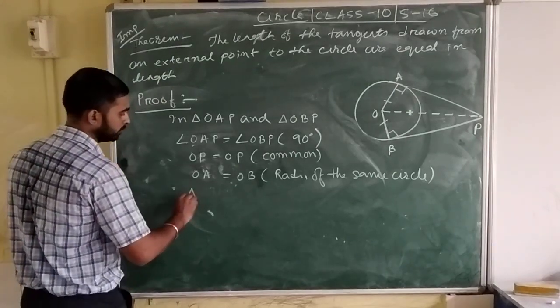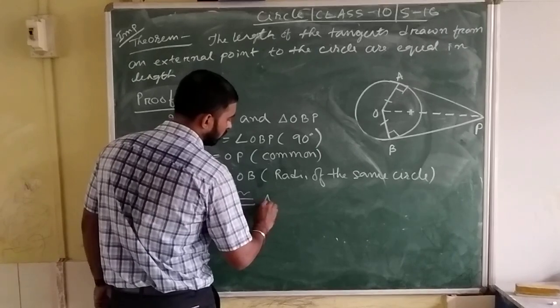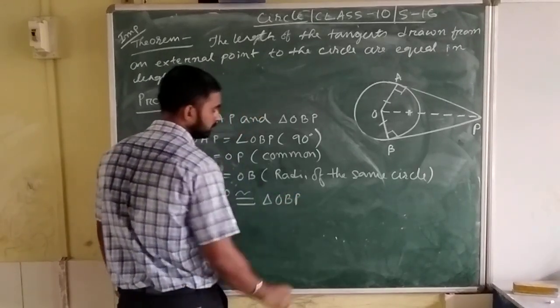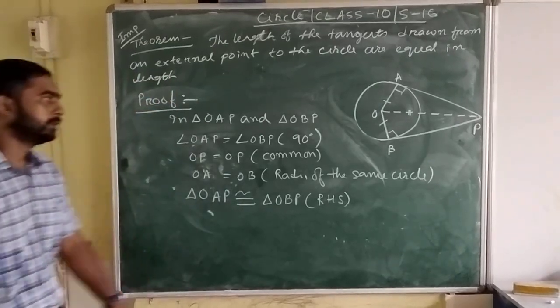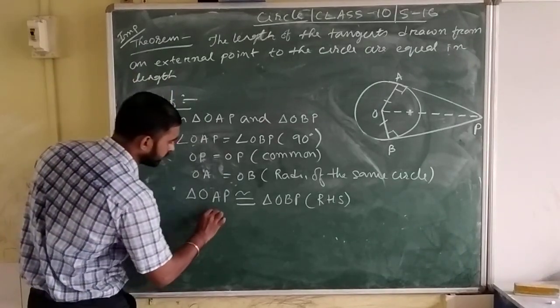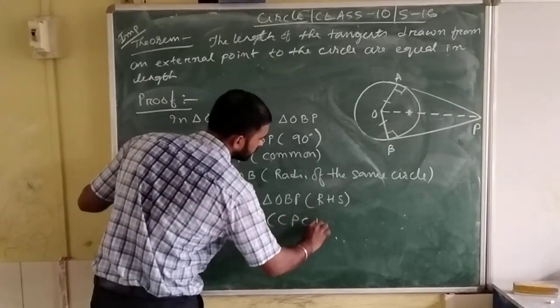So triangle OAP is congruent to triangle OBP by right angle hypotenuse side. If they are congruent, then you can say that AP equals BP, that is CPCT.